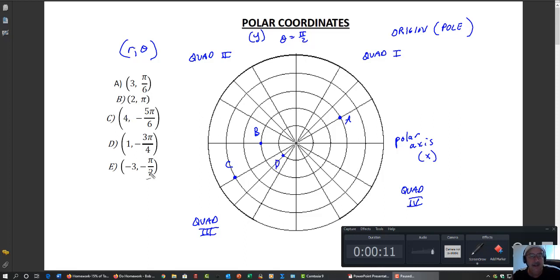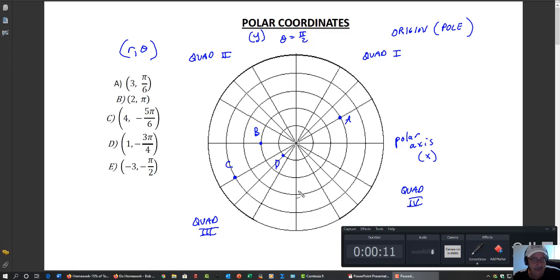Now, Young, what if they give me both a negative angle and a negative r value? What happens with a negative r value? Well, let's think about it. All right, so for the last point, I'm going to go negative pi over 2 radians here, which would be down this direction, negative 90 degrees. You might even see some of these in degrees as well. Now, if we were going out like the previous examples, if we went out a positive 3, it would be this direction.